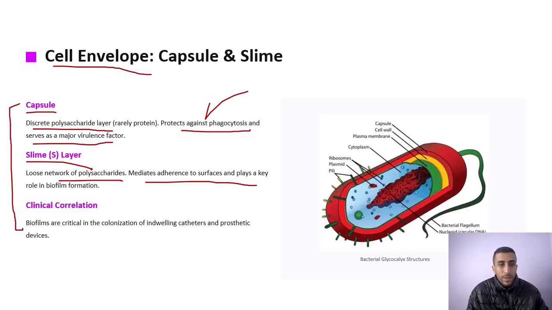When the bacteria is adherent and sticky, it can help in, for example, colonization of indwelling catheters and the devices inserted inside of the body. So the bacteria can stick to these catheters and cause infection, and this is related to the slime S layer.